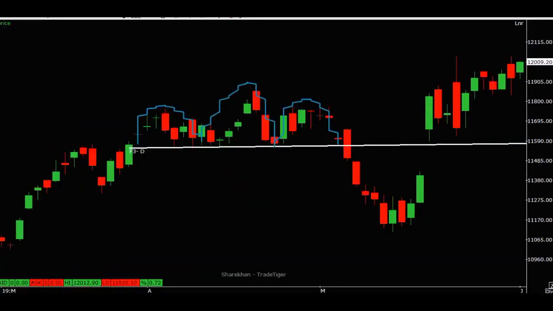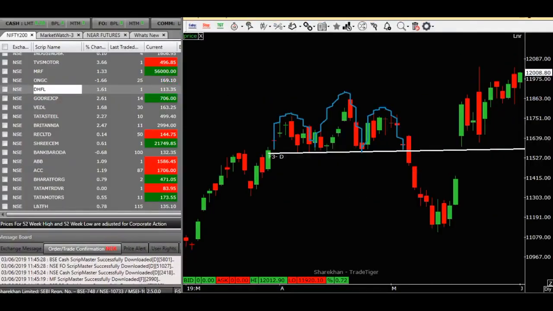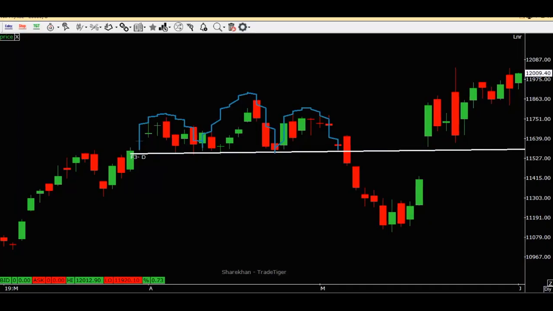So I will enter here below the neckline, right? My stop loss will go above the right shoulder high. Okay, and now my targets.